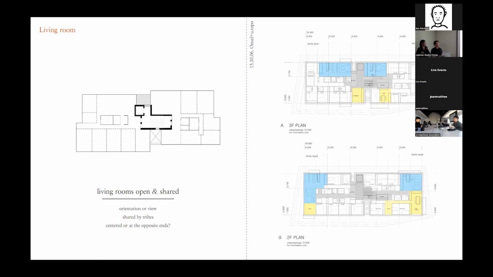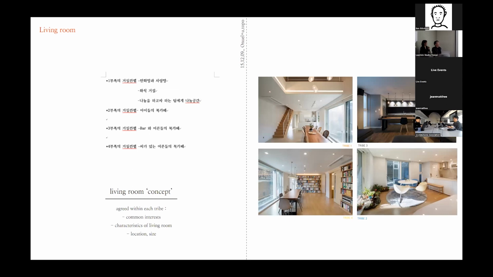Only a neighbor building is very close. So naturally we thought maybe this is the Korean way, but by doing this, we can locate these living rooms together quite close and then share. The community wanted to share those living rooms by keeping the doors open. So this is the floor plate.